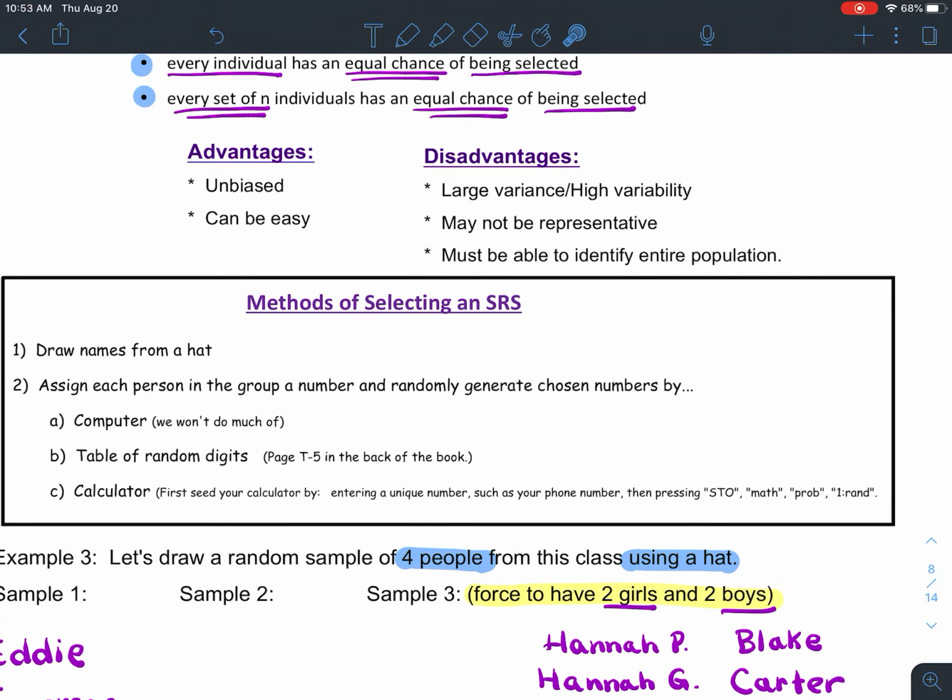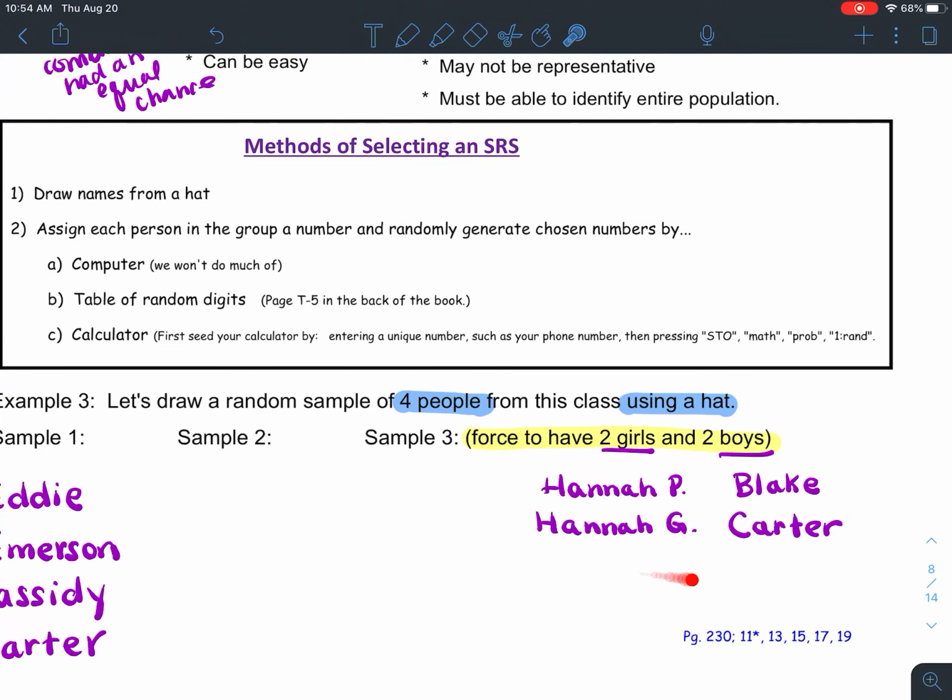Here's the criteria that this doesn't meet. Every set of 4 individuals did not have an equal chance of being put together, okay? Kind of like every combination, okay, we've got to think that every combination had an equal chance. So for example, I could not have had, as my result of 4 people, Blake, Carter, Eddie, and let's say Peter, okay?